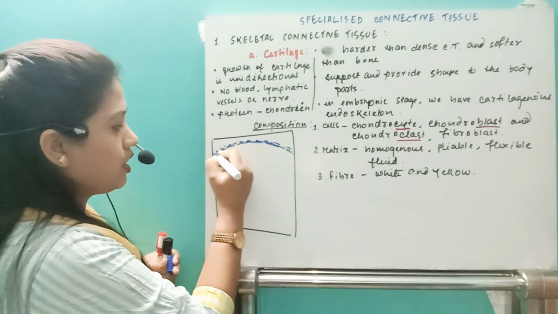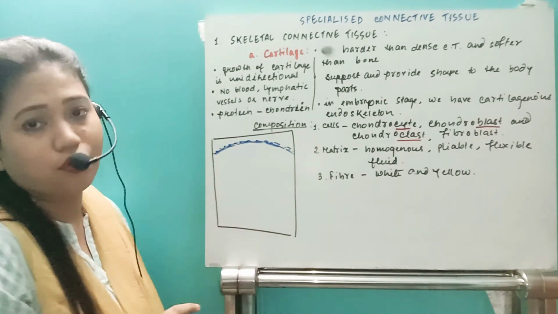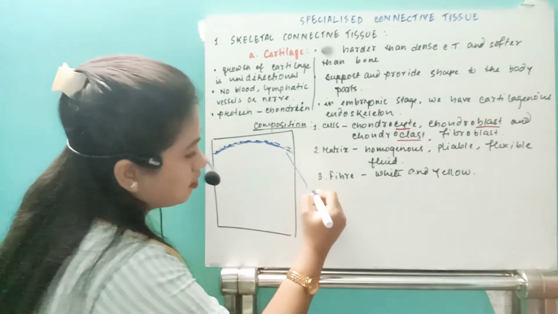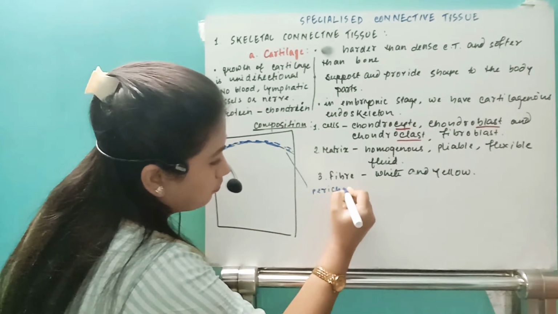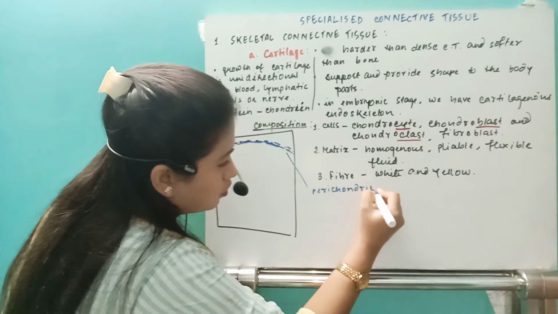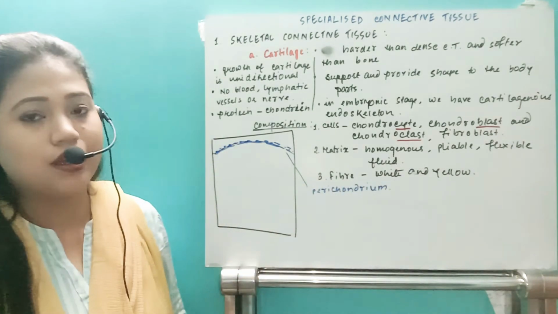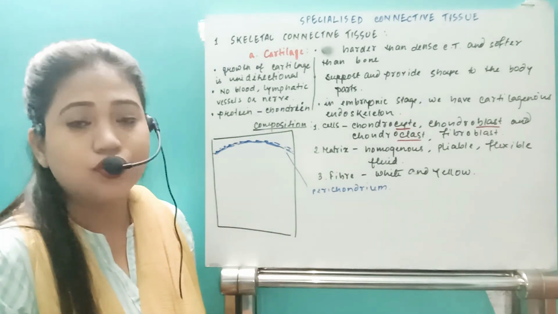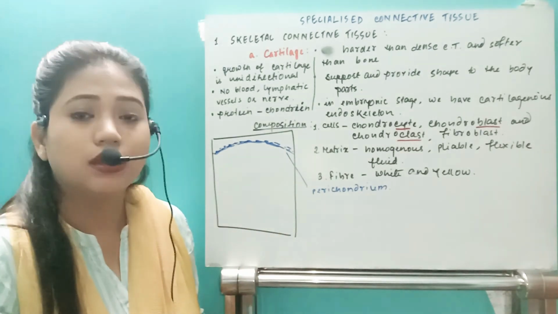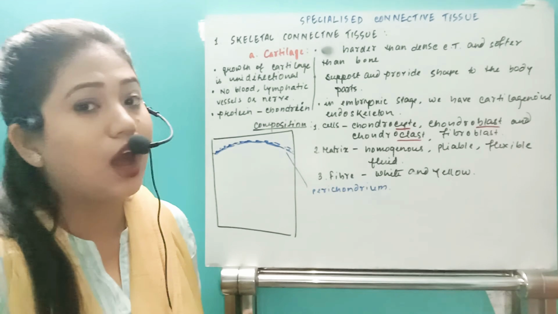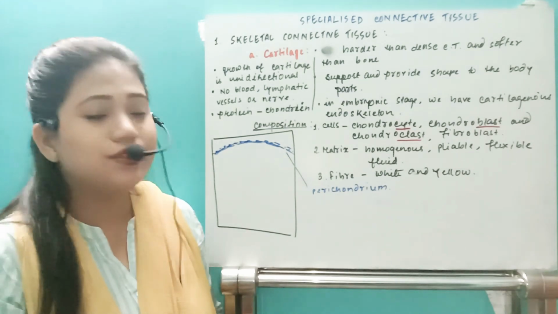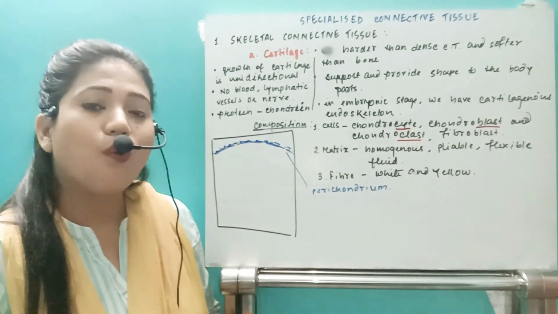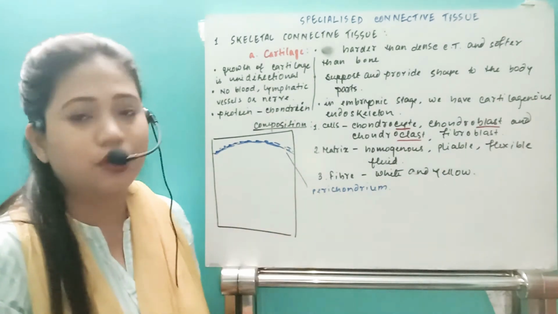This membrane is known as the perichondrium. Remember that. Now, if the cartilage does not have blood supply, then how can the cells, the chondrocytes, survive?